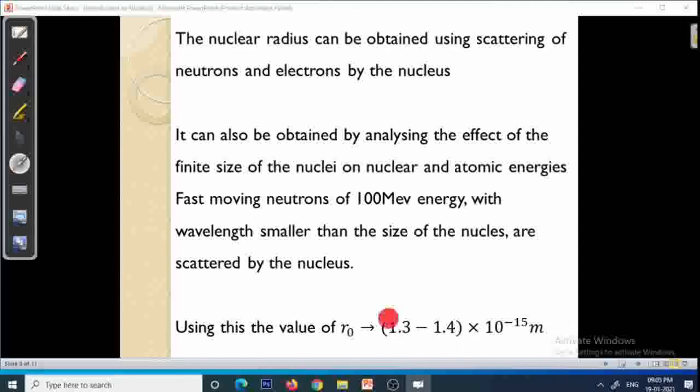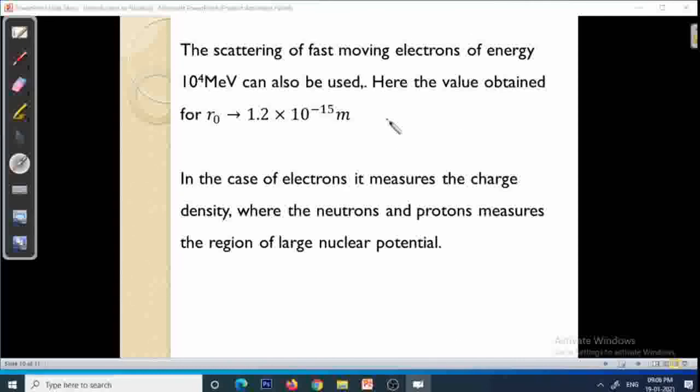or this many femtometers. And if we do the experiment using electrons, that is, fast moving electrons of energy 10 raised to 4 mega electron volt, the value obtained is R0 equal to 1.2 femtometer, or 1.2 into 10 raised to minus 15 meter.